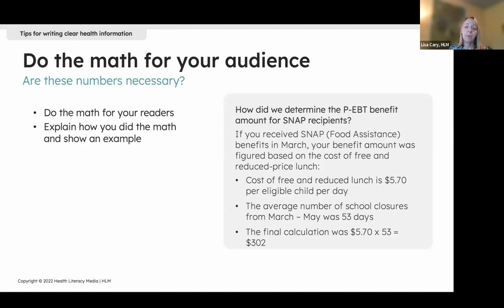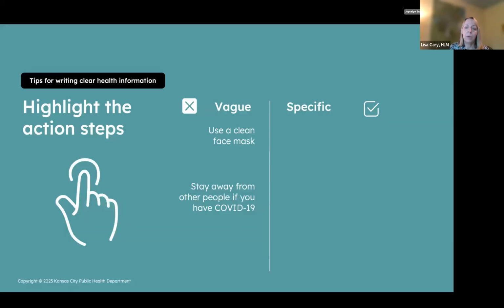And so the SNAP program figured out the benefit amount based on the average number of school days when schools were closed from March to May, and then the cost of a free and reduced lunch. And so they figured out that people were going to get about $302 per family or per child. So it was great that they showed how they arrived at that number.